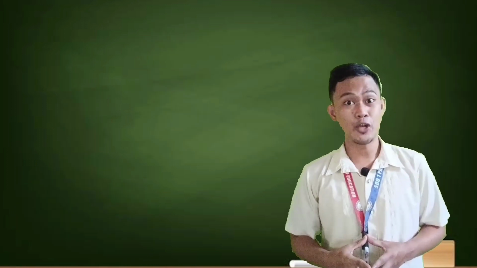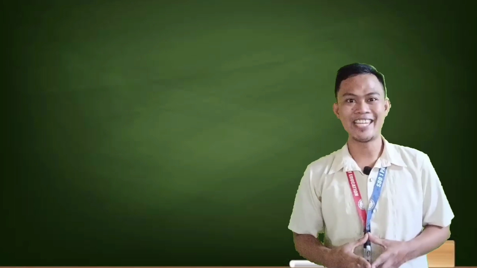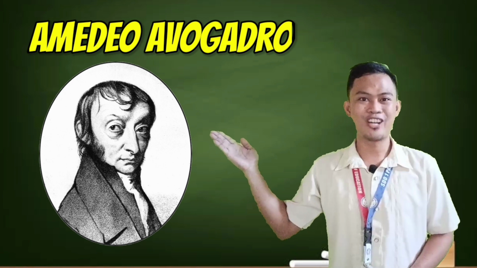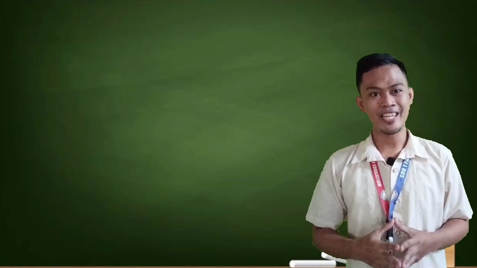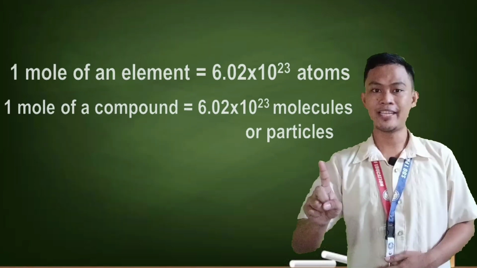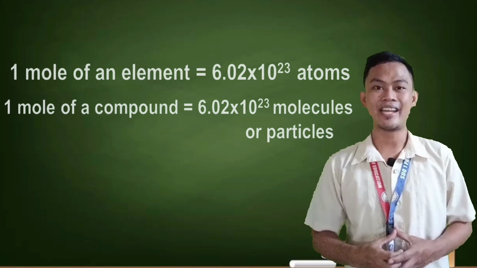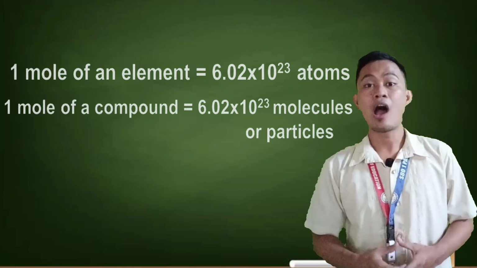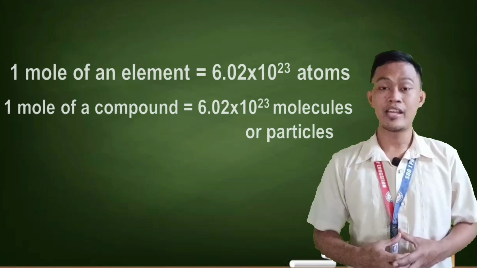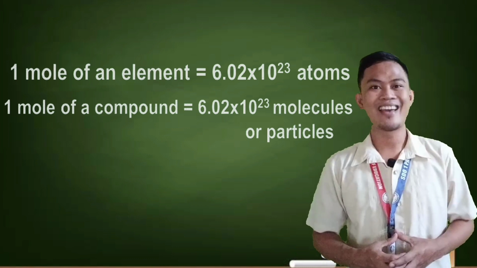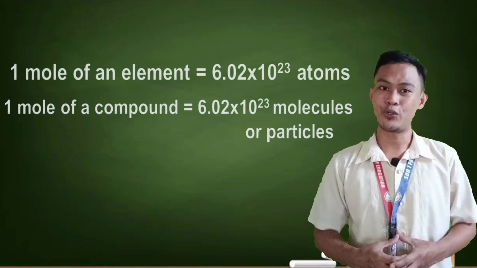This number was formulated by an Italian scientist named as Amedeo Avogadro, meaning 1 mole of an element is equal to 6.02 times 10 raised to 23 atoms, and 1 mole of a compound is also equal to 6.02 times 10 raised to 23 molecules or particles.